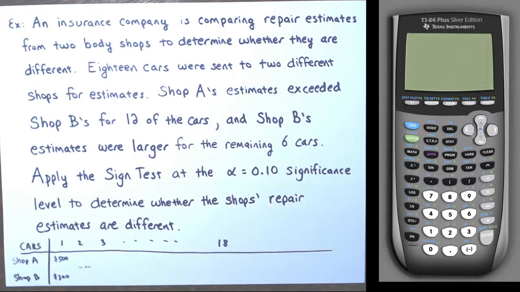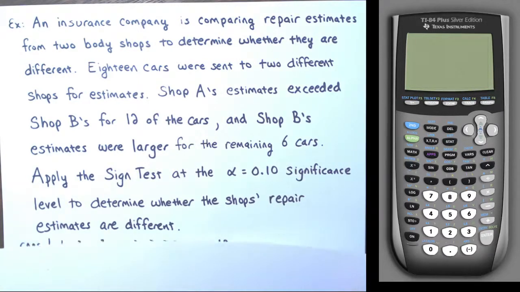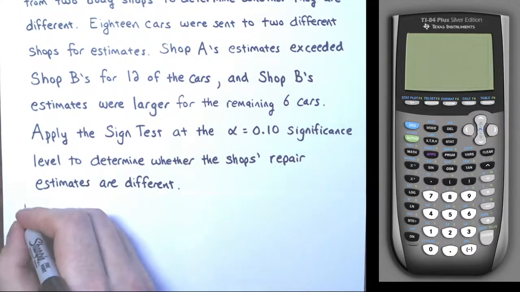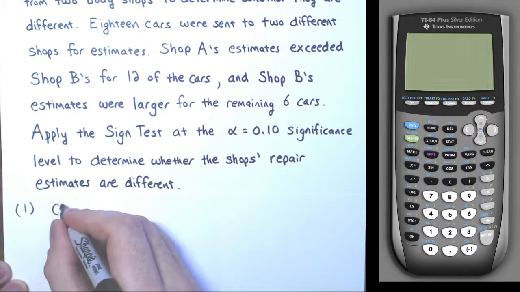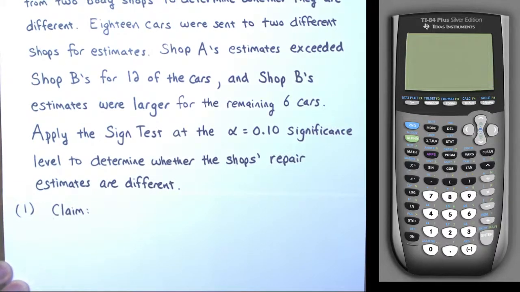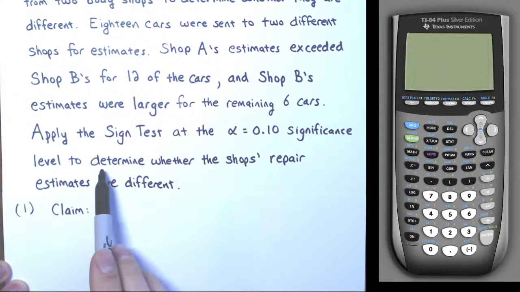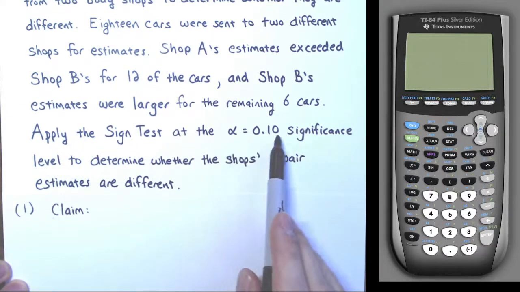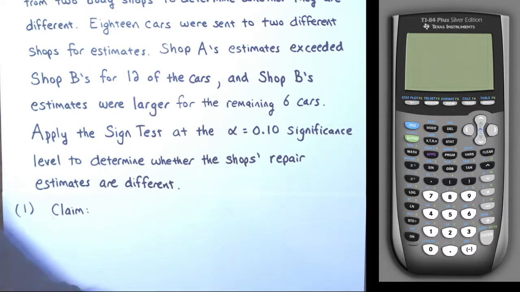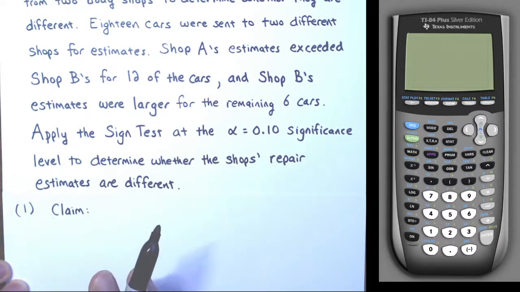All right, so first, the hypotheses. We'll make our claim. So first, what's the claim here, and what are we asked to determine? What are we testing? It says apply the Sign test with 10% significance to determine whether the shops' repair estimates are different. That's a little different than the last one.